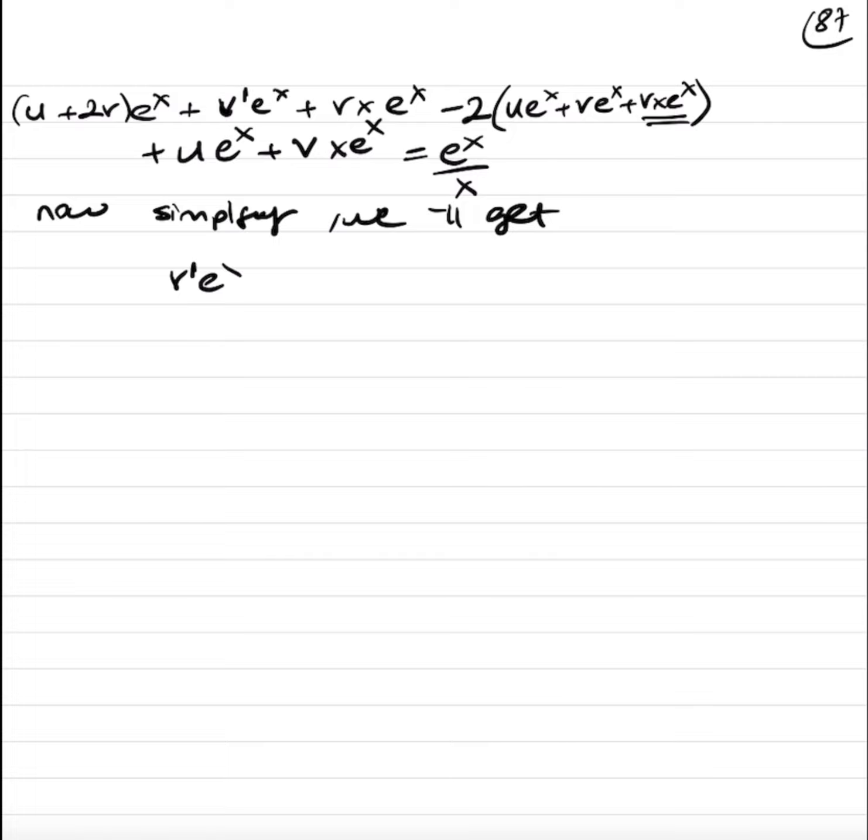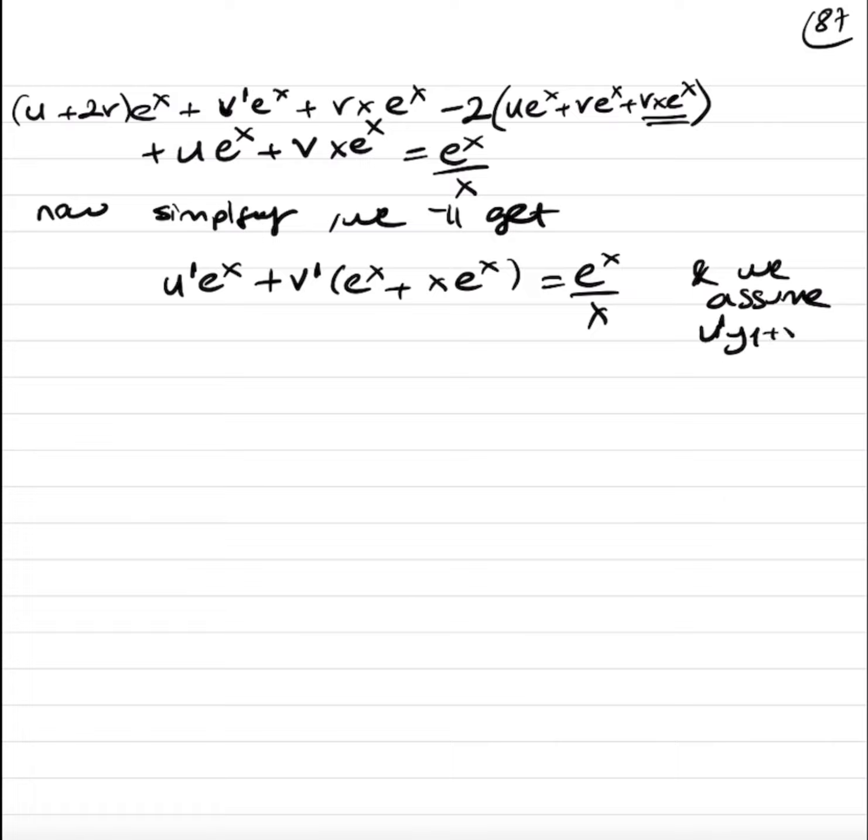We will get u prime e to the power x plus v prime x e to the power x is equal to e to the power x over x. And we assume u prime y1 plus v prime y2 is equal to 0.